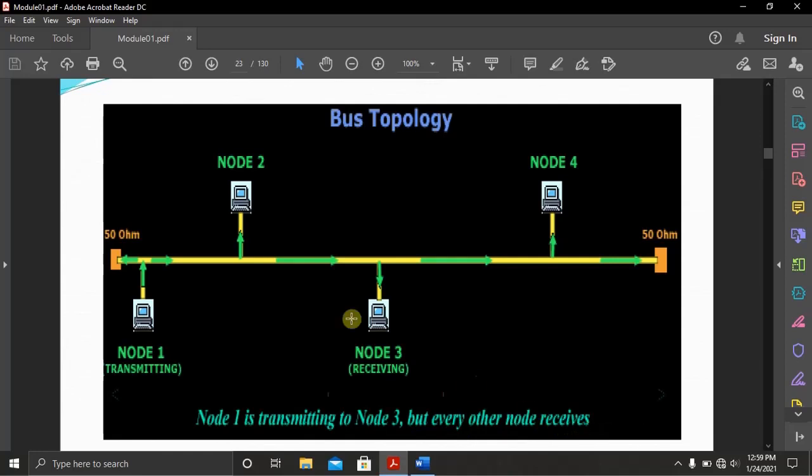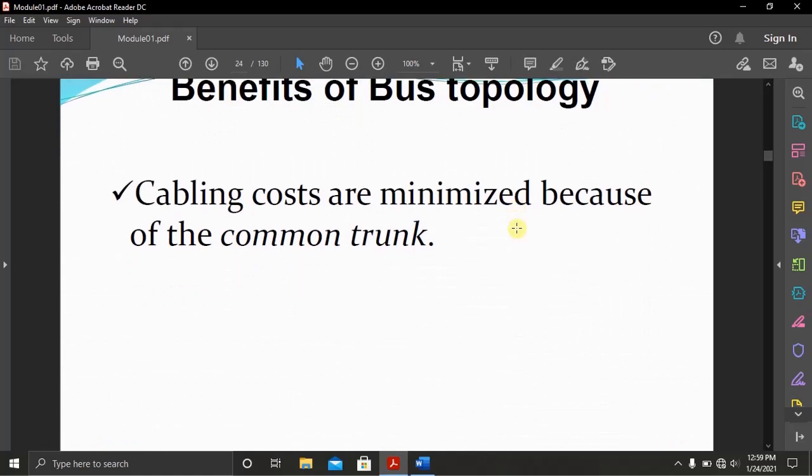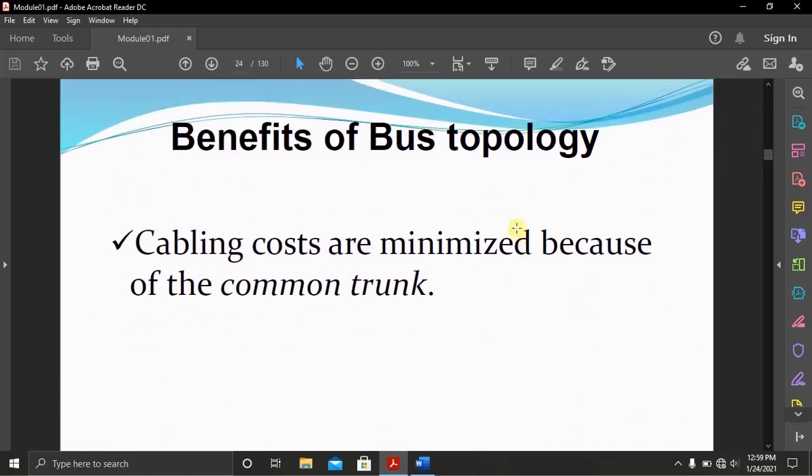So we have seen that it is attached to one main transmission cable, or main backbone cable. Then these nodes are attached to that cable, and if one node transmits data, all other nodes can see the data being transmitted. What are the main benefits of bus topology?